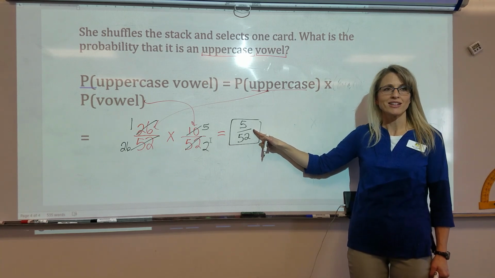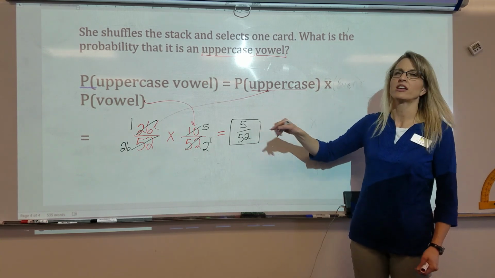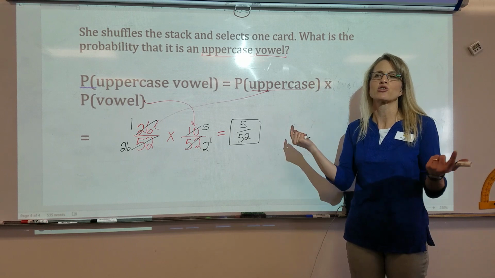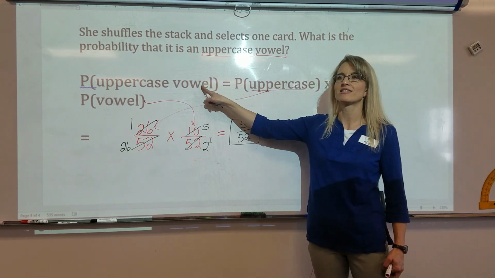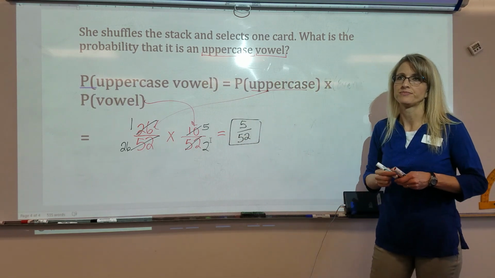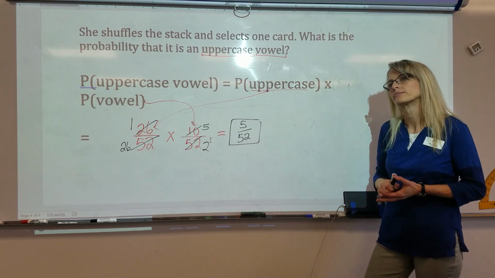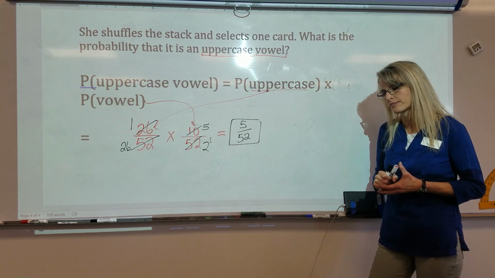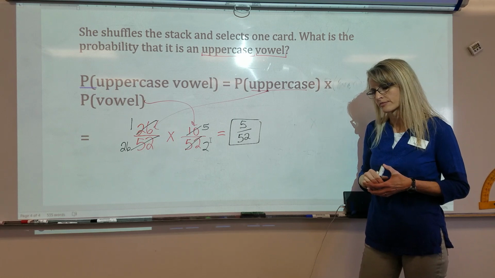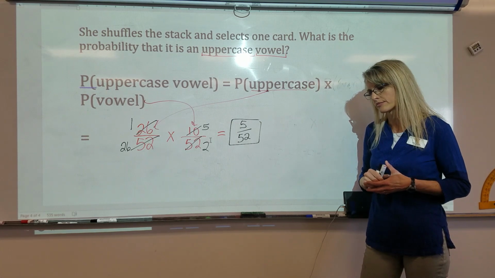So out of 52 cards, in 52 trials, 5 of them I should be pulling an uppercase that is a vowel. Couldn't you just do this in an easier way and just say that you have 5 out of the 26 and just put that over your 52?